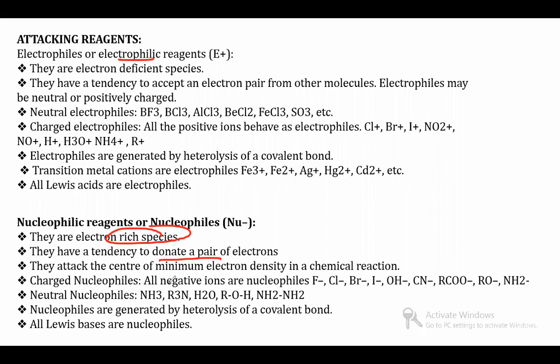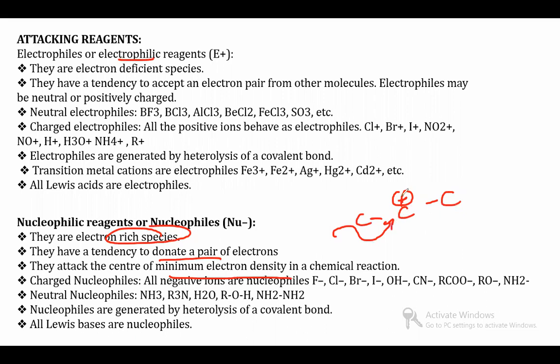They attack the center of minimum electron density in a chemical reaction. For example, if a carbon has a positive charge, the nucleophile attacks that electron deficient center of minimum electron density. Here there is more electron density on this carbon and on that one, and the middle carbon has less electron density.